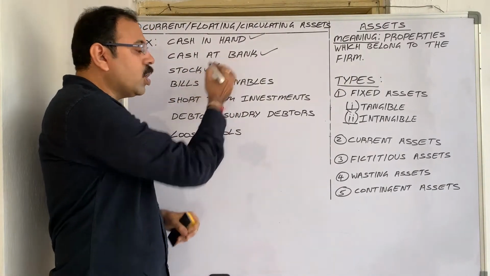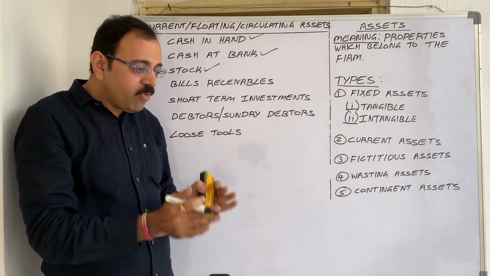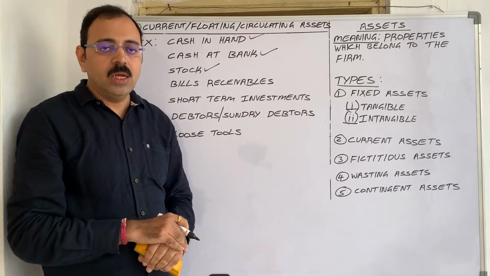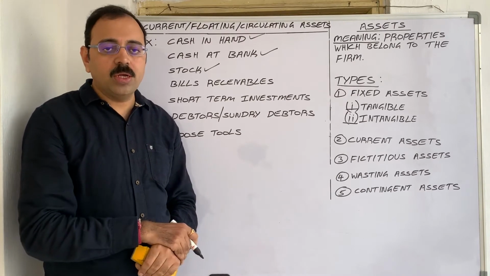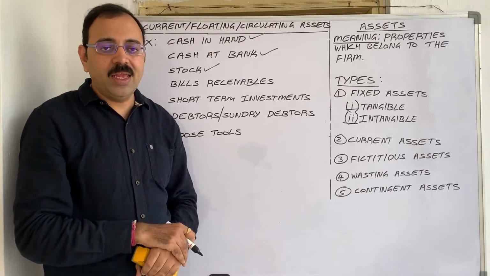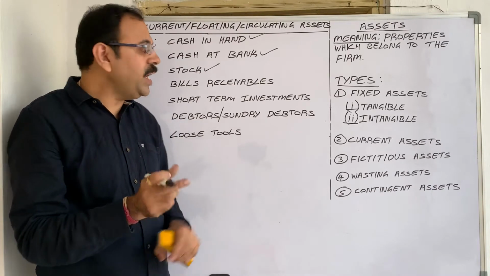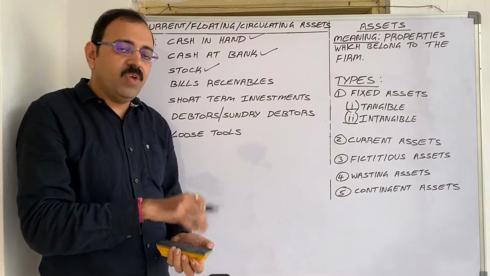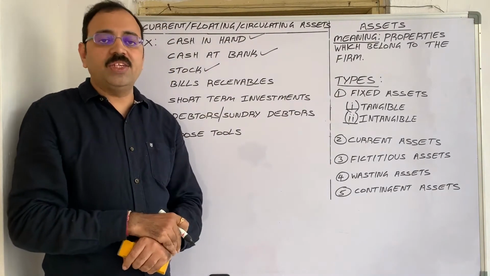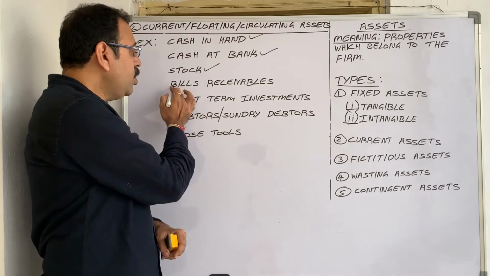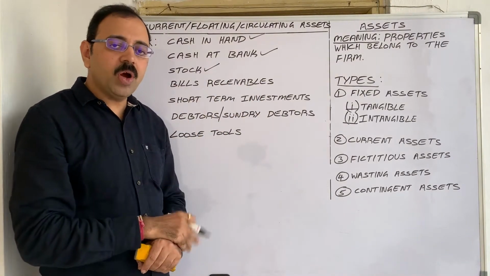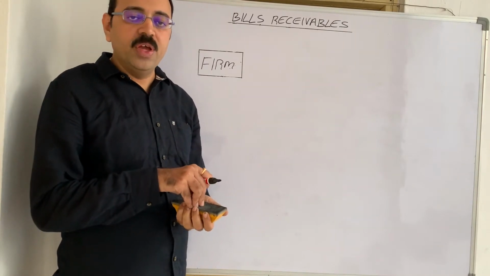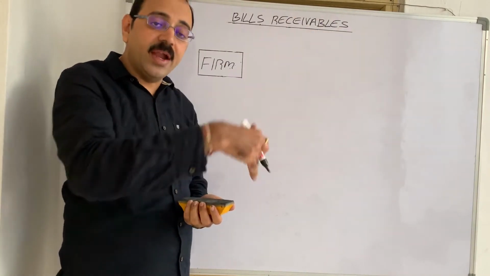Next one, stock. At the end of the year, the unsold goods left over with us are known as closing stock or inventory. So we represent it with stock. The closing stock of the current year will become the opening stock for the next year. The next one, bills receivable. Means what? Bills receivable is a written proof which is taken from a debtor.